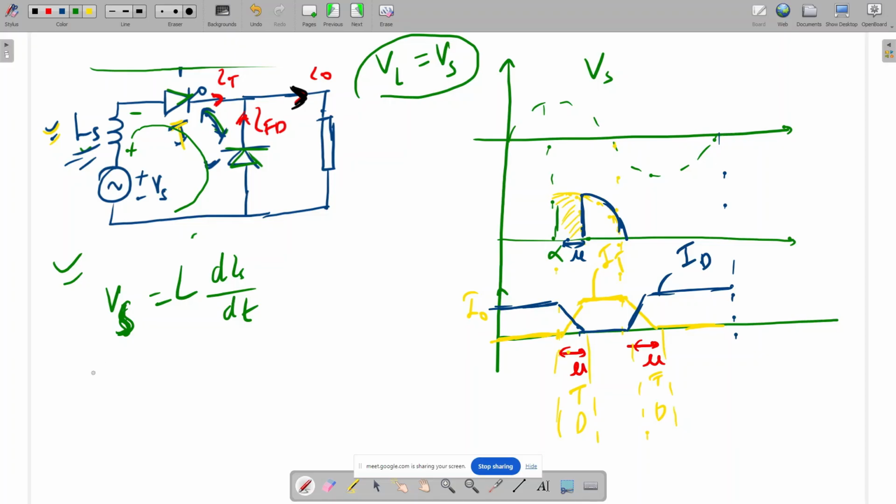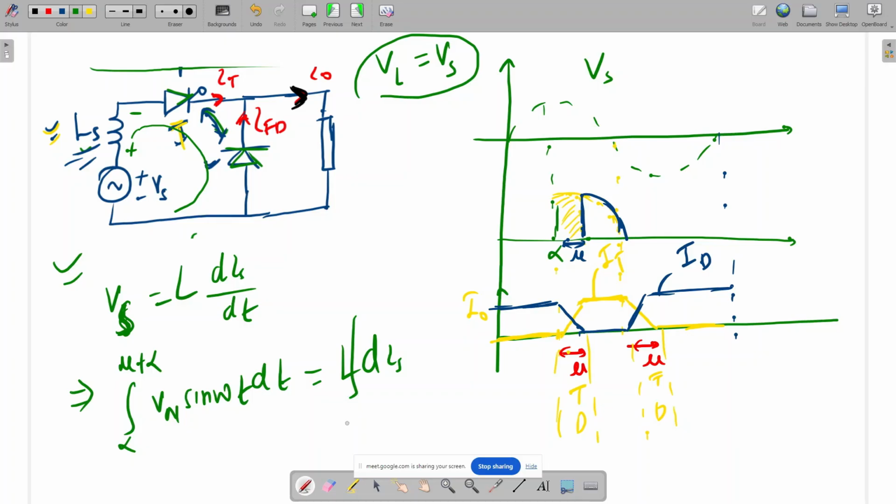This one we can integrate from alpha to alpha plus mu, and this will be Vm sine omega t dt equal to Ls dis. The integral of current goes from 0 to I naught.